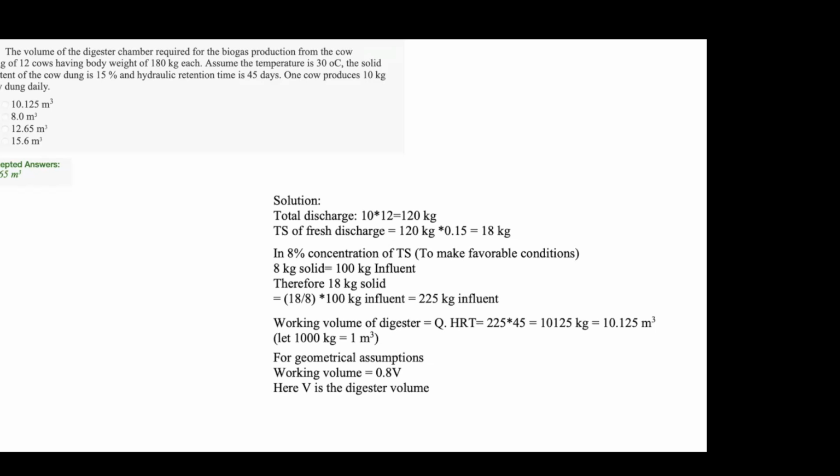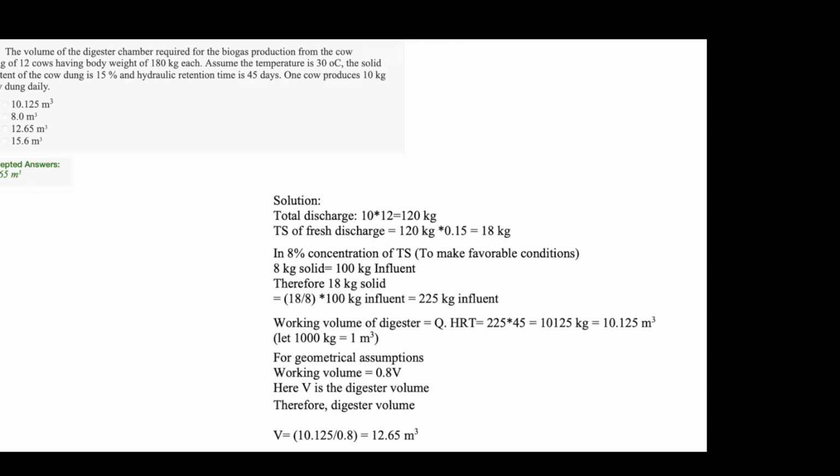But for geometrical assumptions, I will show you the slide in which these assumptions were made. You need to know this for solving such questions. There is no shortcut for these types of questions. So the working volume is basically 0.8 of the total volume, or the digester volume. From this, we can easily get the total volume of the digester chamber by using the relation 0.8V, and hence we will get 12.65.